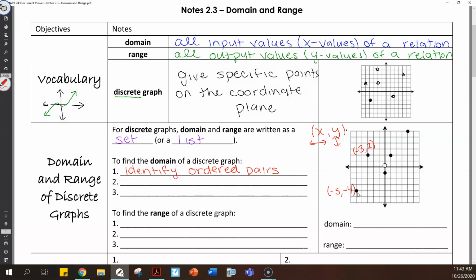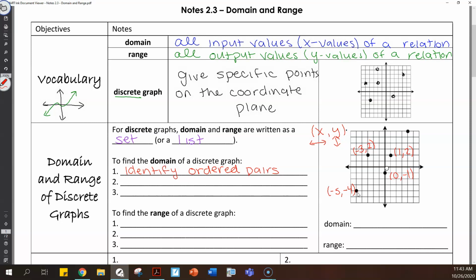From here, I'm going to go 0 left or right. I don't want to move left or right at all, so 0 is going to be my x value. Then I'm going to go 1 down. Going down makes that y a negative number, so my y is going to be -1. Then I'm going to go 1 to the right and 2 up, 1 to the right in the x place, 2 up in the y place.